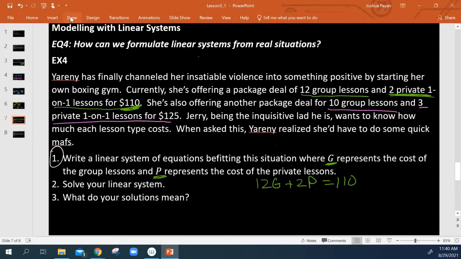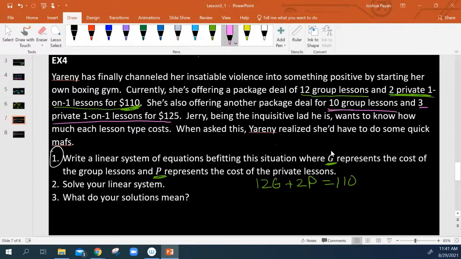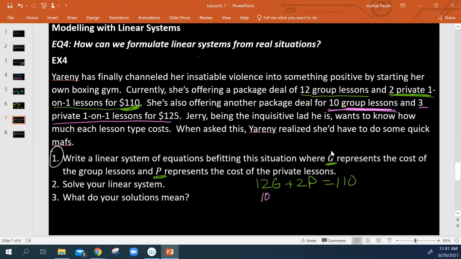Then you also have 10 group lessons, so 10G, plus 3 private lessons, so 3P, and that's equal to a total of $125, right?